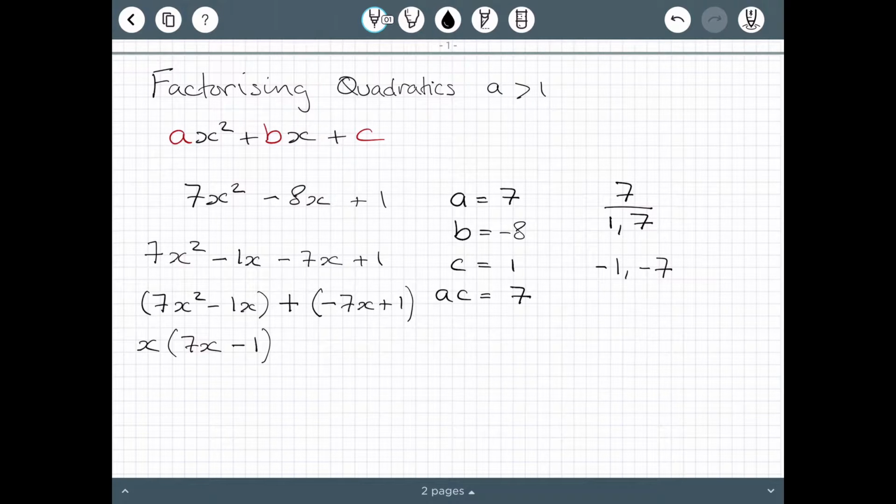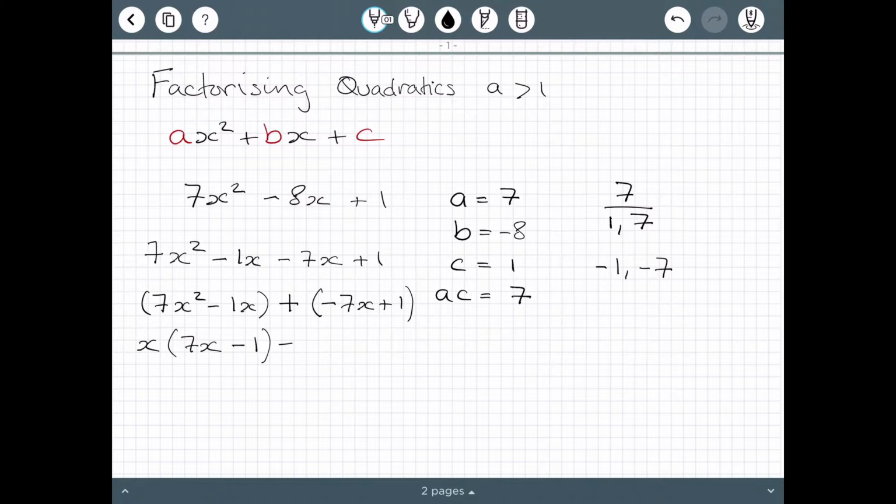Okay, now we look here and we see what's common to both. Well, actually, I can't see any numbers that are common. However, there is a hint. This negative in front of the 7 is telling us that we're probably going to have to take out a negative. So let's take the negative out. But negative what? Well, let's see.